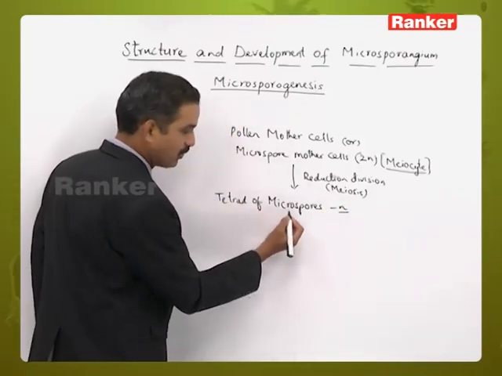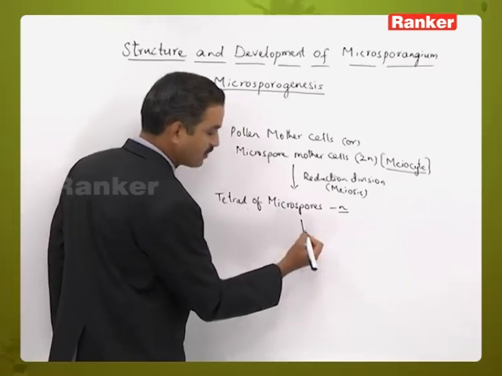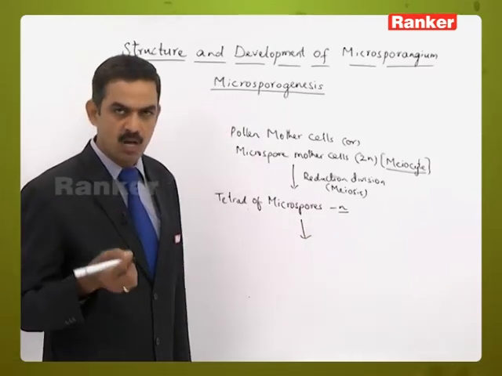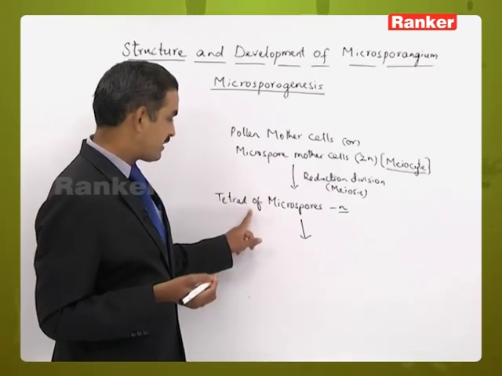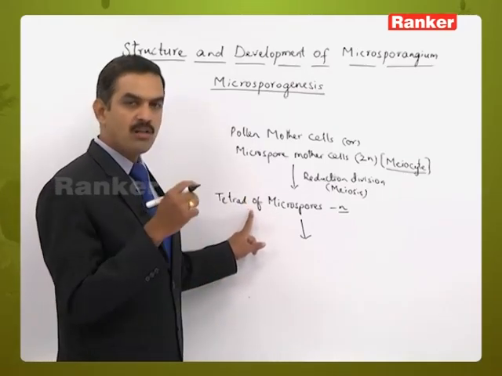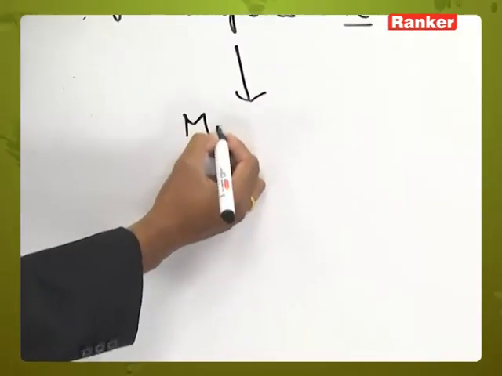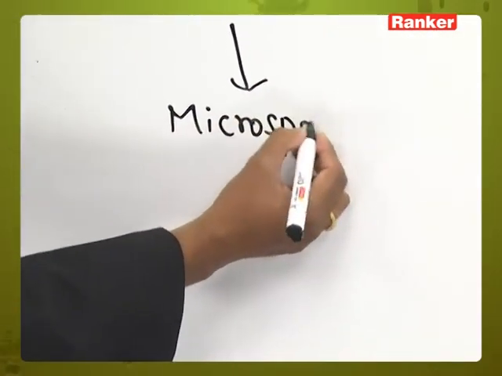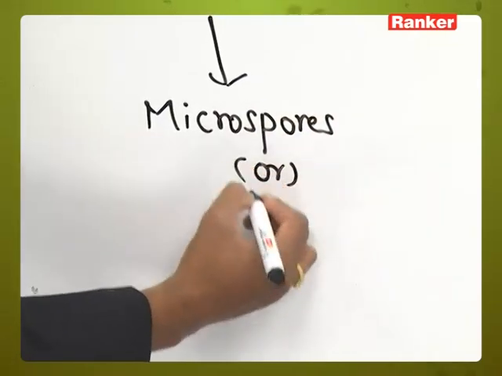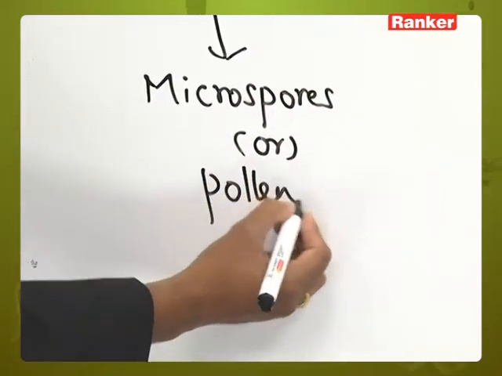So 4 microspores are formed, and when the callose is gradually dissolved, from this tetrad all the 4 microspores are separated from each other, and they are now called individual microspores, or we can also call them pollen grains.